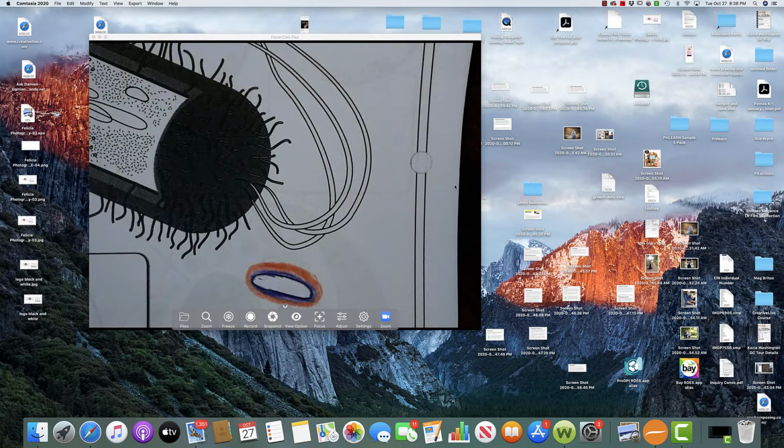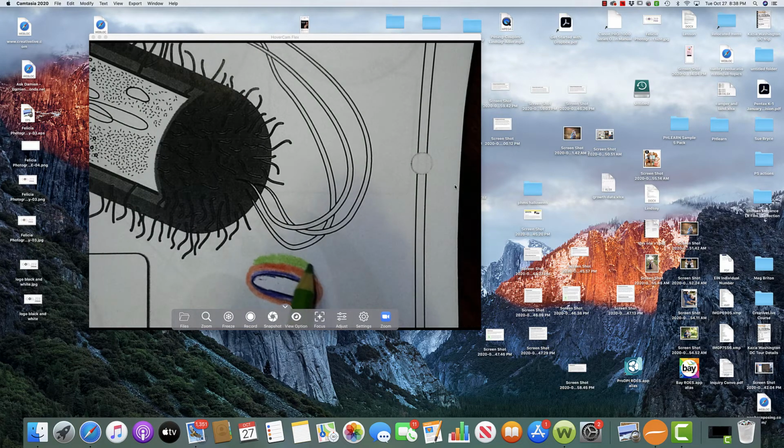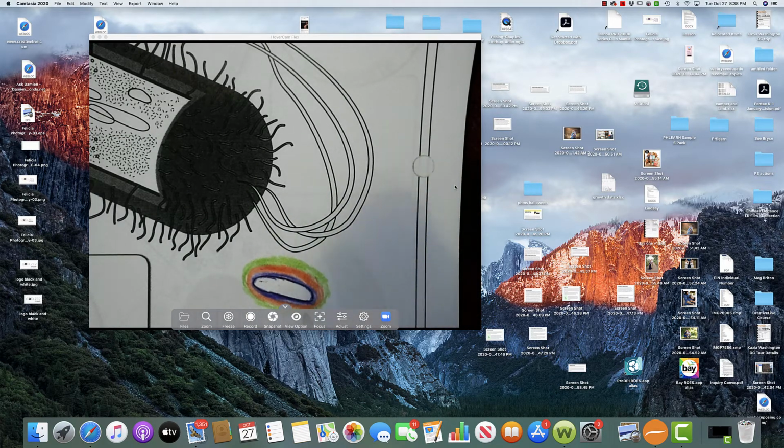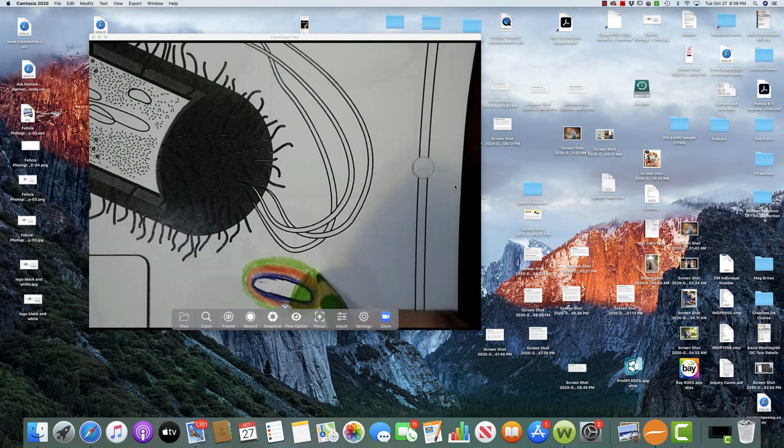And then finally, I think I'll use some green. Okay, so what am I trying to illustrate here? Okay, and then, kind of like the picture does, I'm going to go in here and color all this dark green. So it kind of looks like my picture.